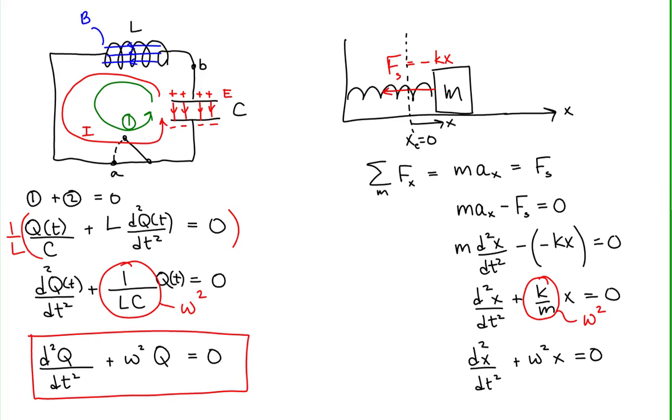And notice that these two equations, the equation for the spring block system and the equation for the LC circuit, are identical. What that means is identical equations have identical behaviors.